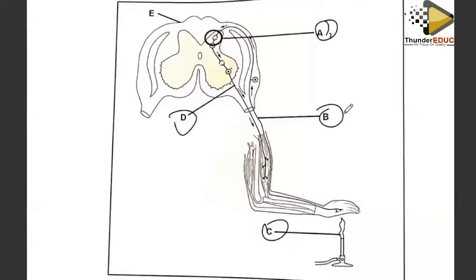Remember, from the receptor to the brain, from the brain to the effector, and it can also bring about the coordination of movement and balance by allowing the transmission of this impulse between the brain and the other body parts. So basically, the spinal cord is very important.